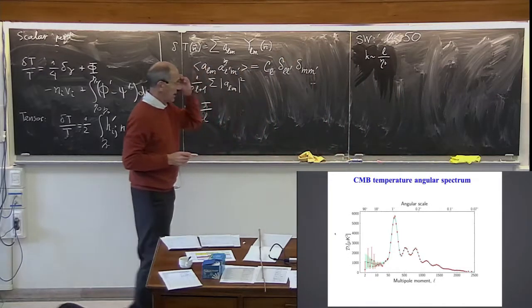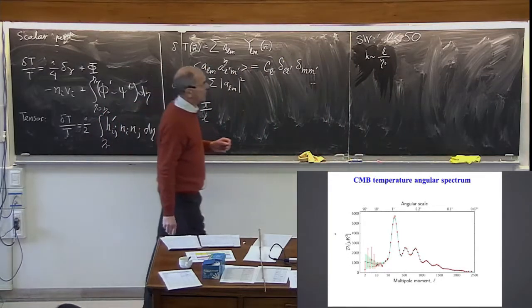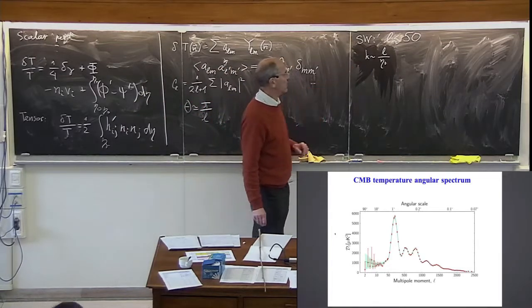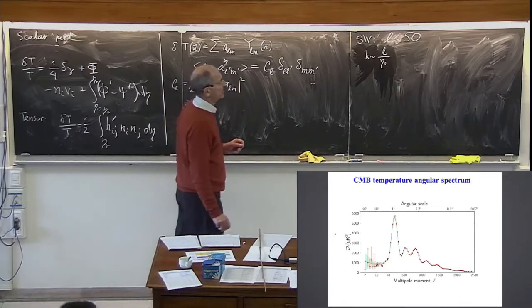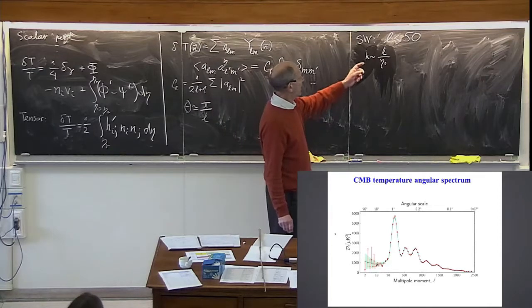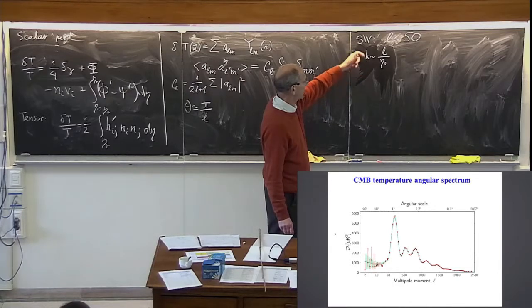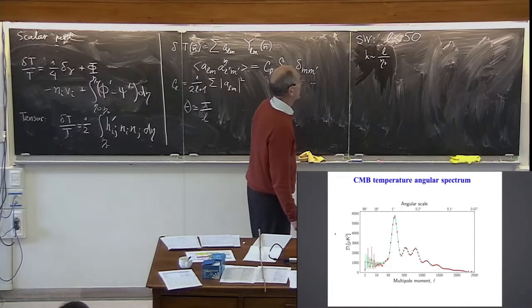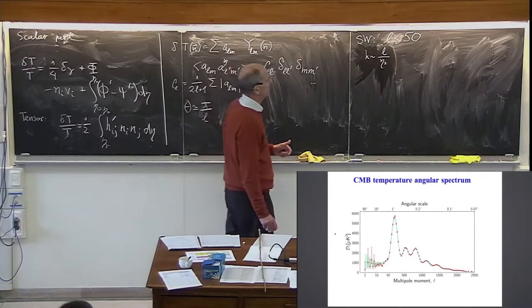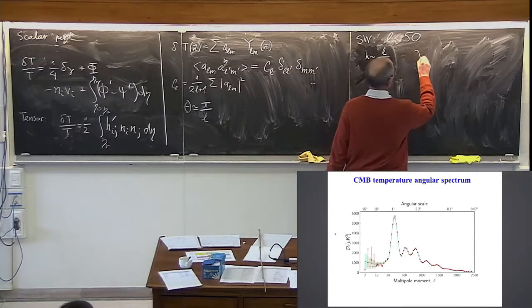Okay. So now the dimensionality is correct. That's basically the following thing. If you look at the mode of wavelength of inverse K, you see it at an angle. So this would correspond to the following.